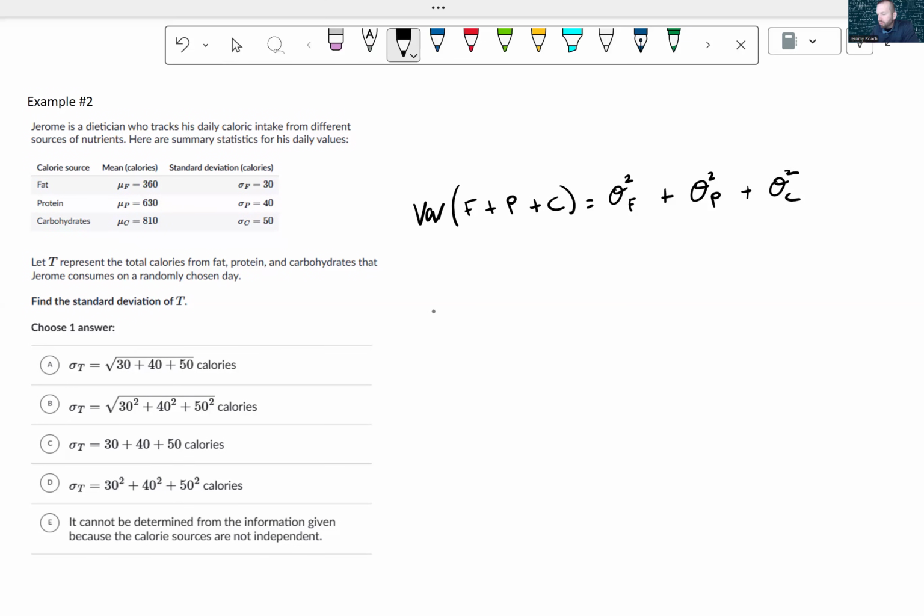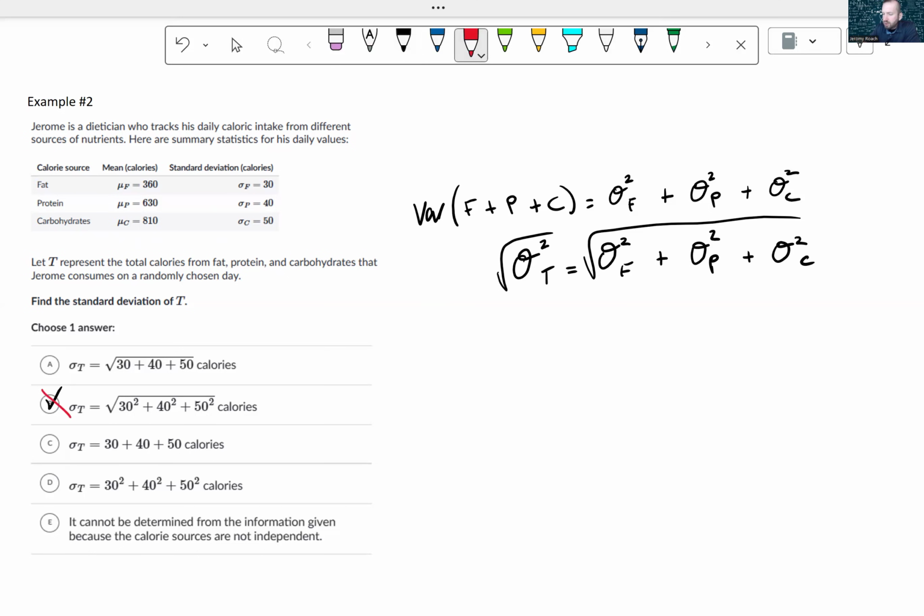That's what I thought this was at first. I thought we could just say the variance of T would be equal to all of this. When I first saw this problem, I just thought, okay, let's solve it the same way as the first one. And then when we plug those numbers in, I ended up with answer choice B. But that's not correct for this problem. That's not how we solve this one.